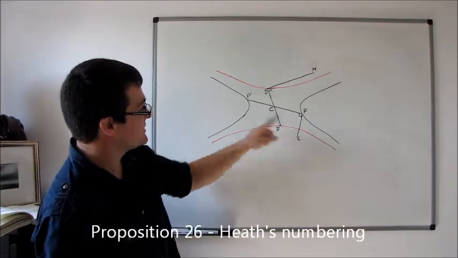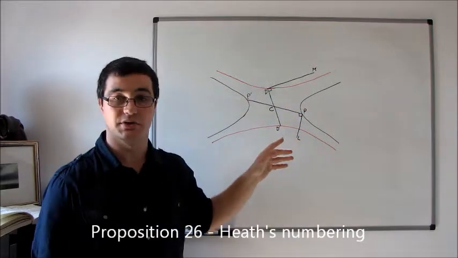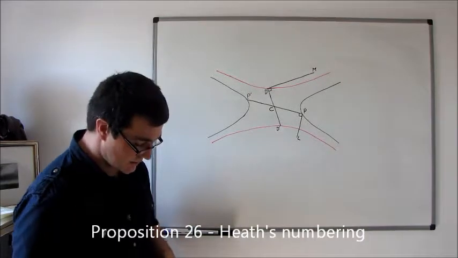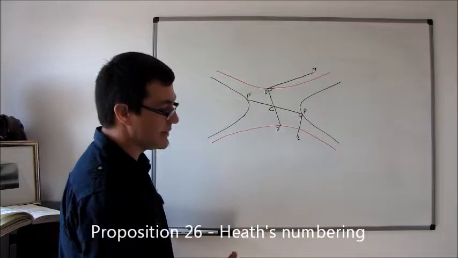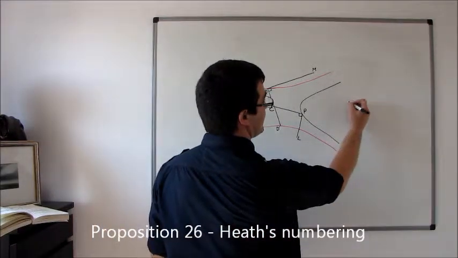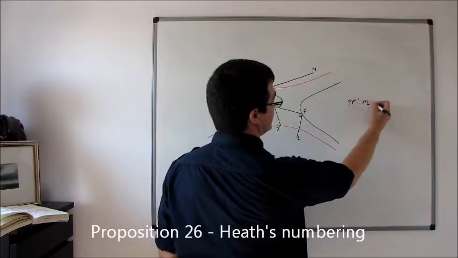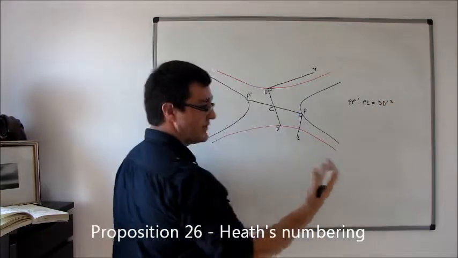So assume for the time being that we've just got PP' and DD' drawn on the board, and they bisect each other at this point C. What we're going to do is, at the point P, draw a line PL of such a length that P'P times PL is equal to DD' squared.